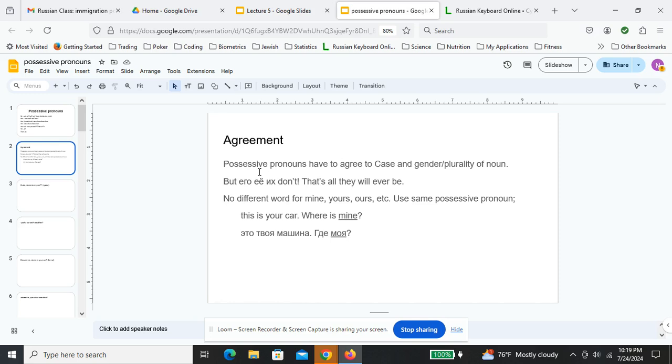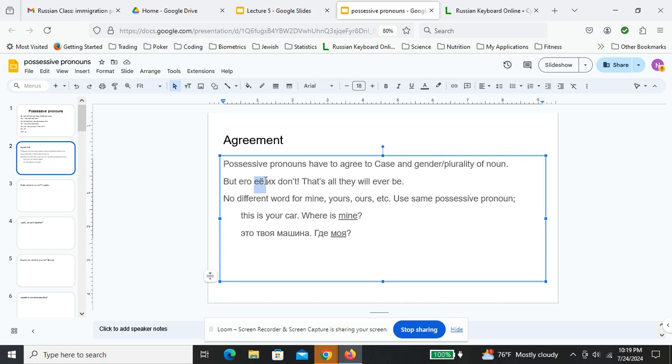But the good news is that we're not gonna cover that in this class. And that's about as hard as Russian gets. So if you can master that, you should be okay. But the other good news is that его, ее, and их, remember our old friends, they don't have to agree to the gender. They will always be this way, regardless of gender.